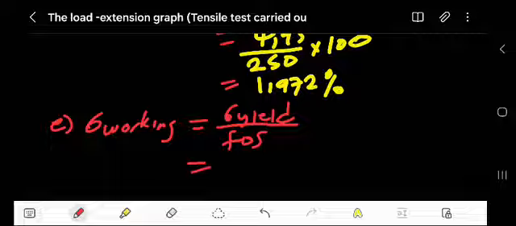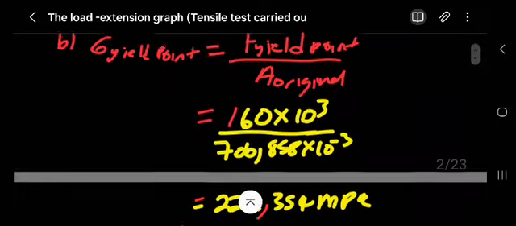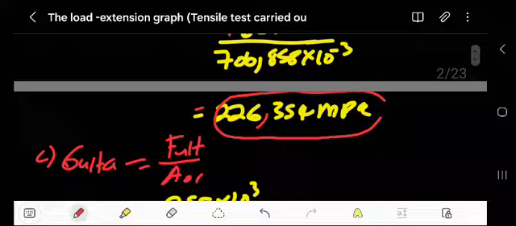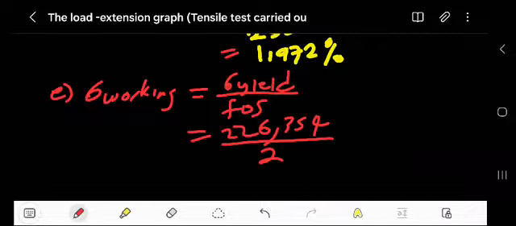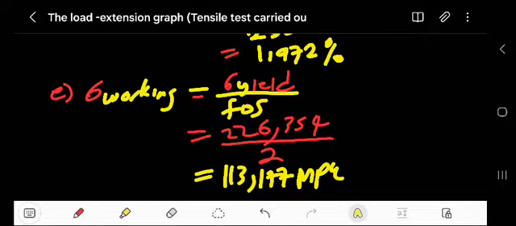We have calculated the yield. We'll take that value, 226,354. The safety factor was 2. This would be 113,177 megapascal. So this is what it is, guys.